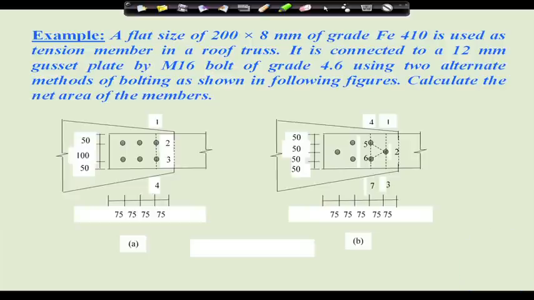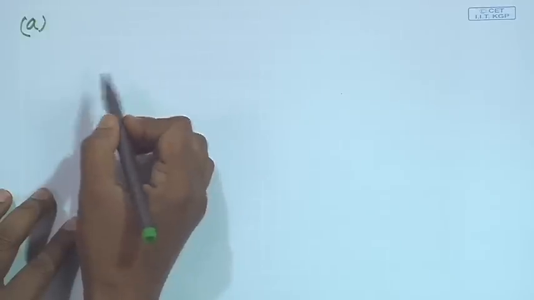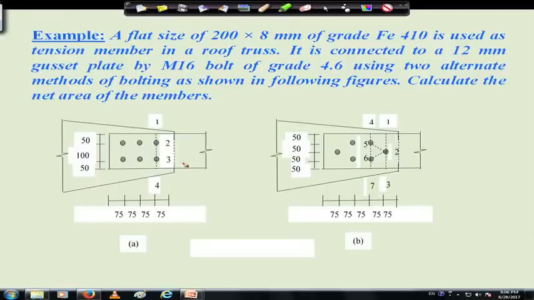So, what we could say, in case of chain bolting, say first we will consider the chain bolting. These connections are given here. If we see here that the edge distance is 50 and pitch is, means this distance is 100 and again 50, right, and this pitch distance along horizontal is 75, 75, 75, 75, right.